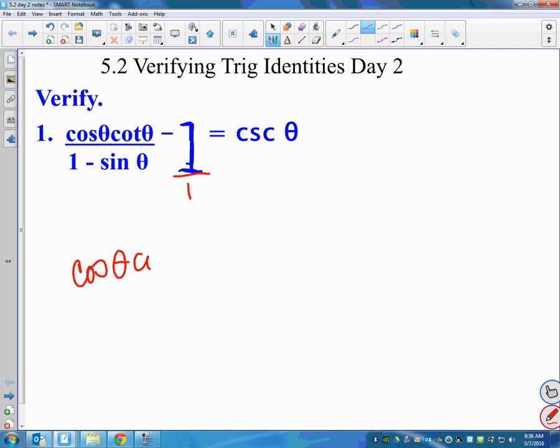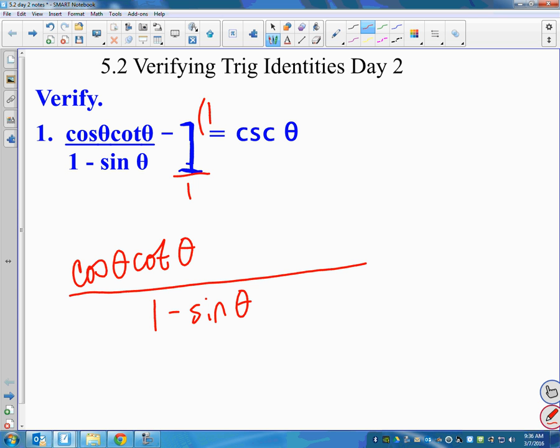Cosine theta, cotangent theta, all over 1 minus sine theta. And then I have to multiply up here 1 minus sine theta. I've done this already. Remember, if you're subtracting that whole thing, that's going to become minus 1 plus sine theta.